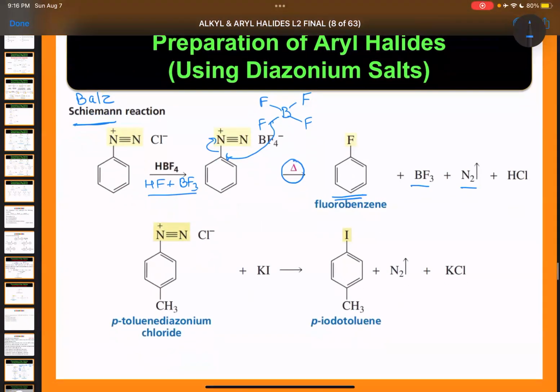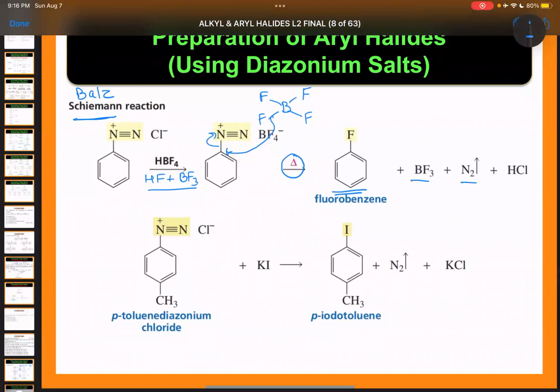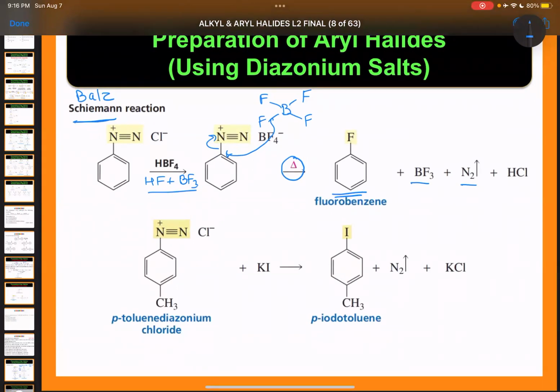And the same is the case with iodobenzene. If you do the iodination directly, the reaction doesn't complete. The reaction actually stops in the middle, because iodine is very, very less reactive.